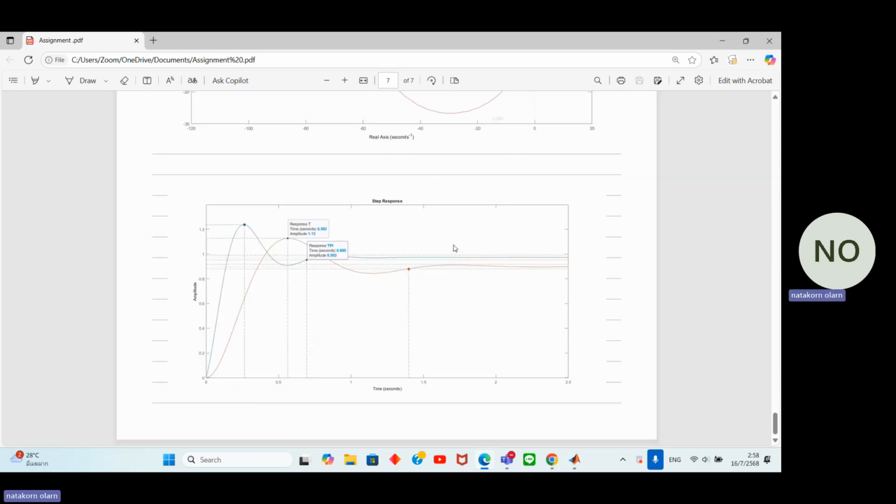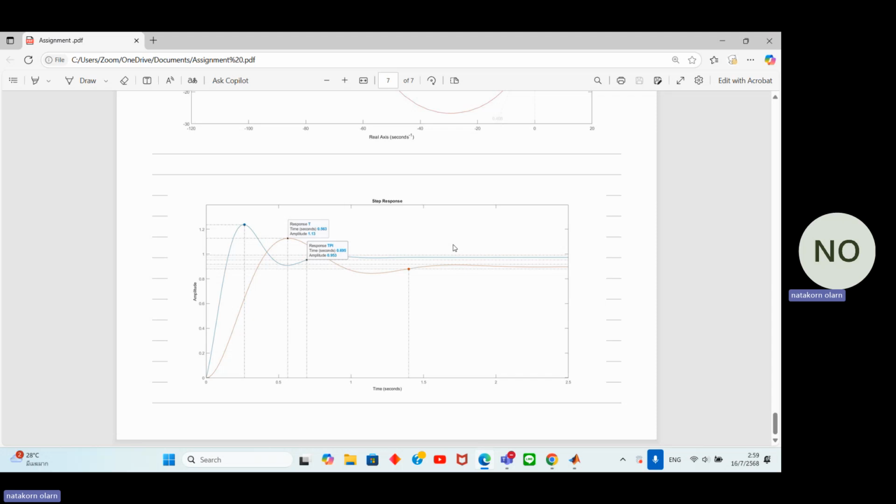So the conclusion: the PI and PD controller are both feedback control strategies used in control systems. They differ in how they respond to error. A PI controller uses both proportional and integral terms, while PD uses proportional and derivative.